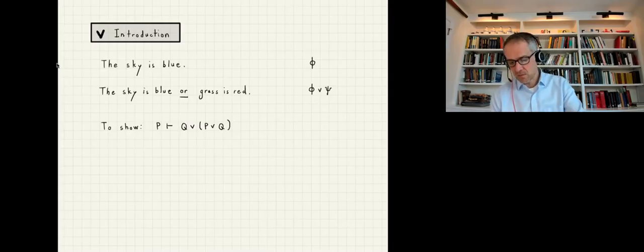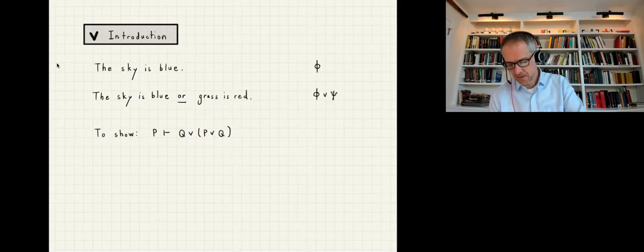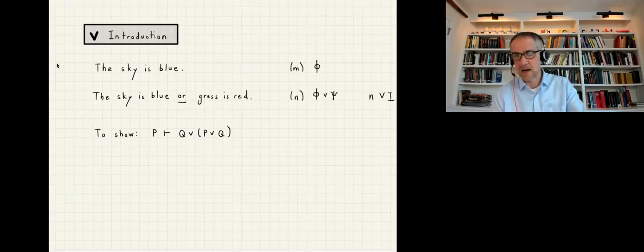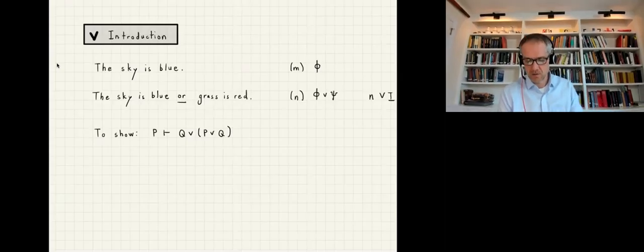And the way that would work in terms of numbering your lines is if this is line M, phi, and then on some subsequent line you write phi or psi, then you refer back to line M, that's your justification, with or, the wedge symbol, I, introduction. So I've introduced a disjunction. Okay, so now I'll show you an example of this rule in use.